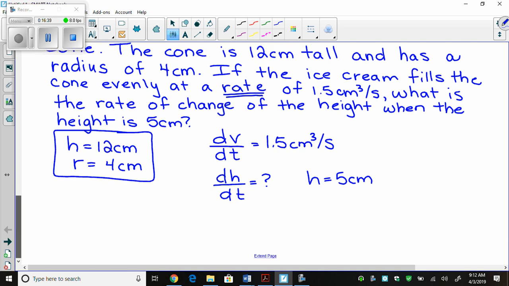It's a Willy Wonka cone. Okay, so what formula are we going to use? We have dV over dt, so we're going to use the volume of a cone. The volume of a cone formula is 1/3 pi r squared h.